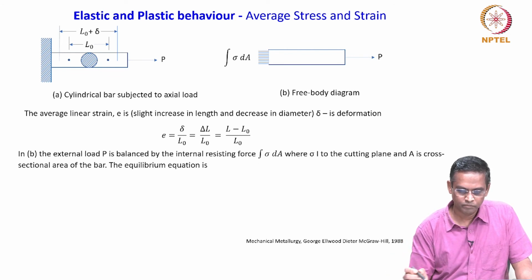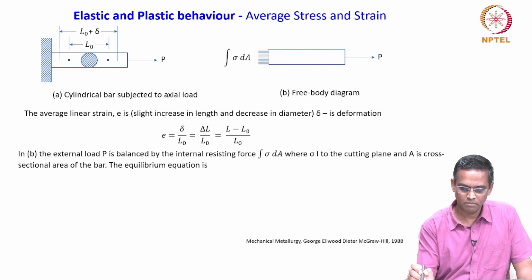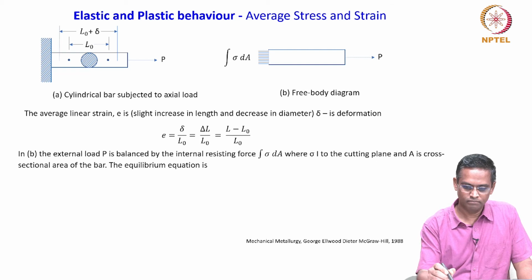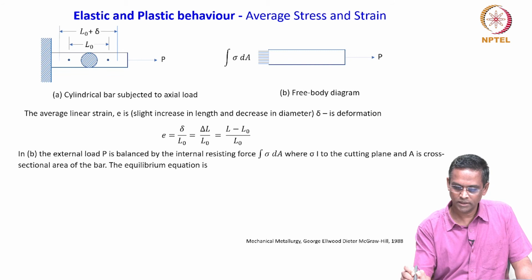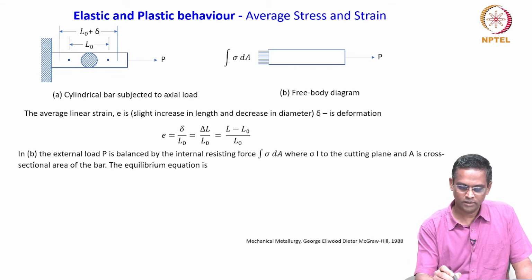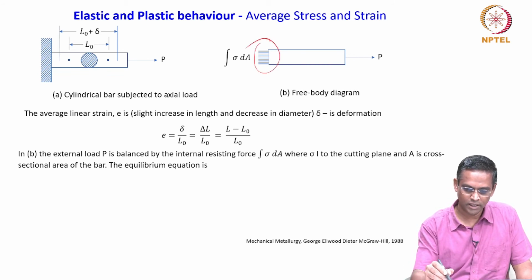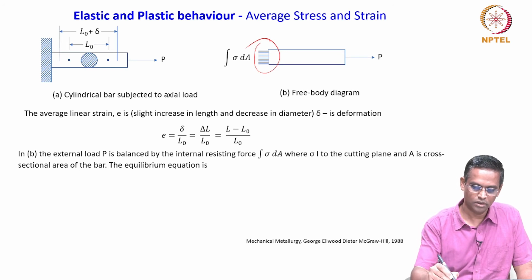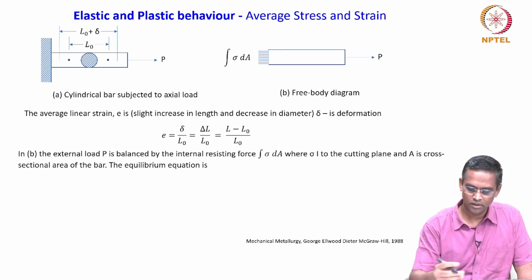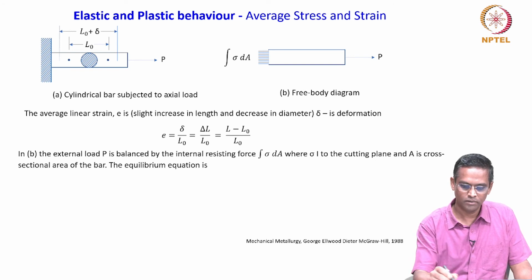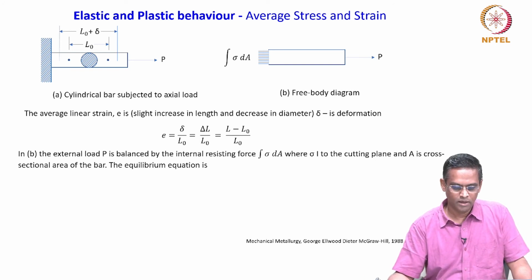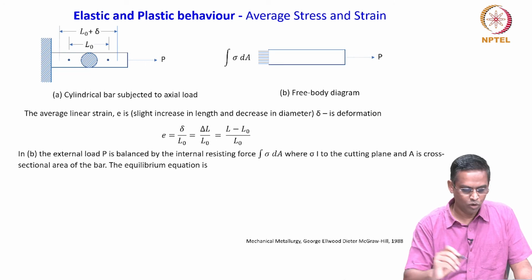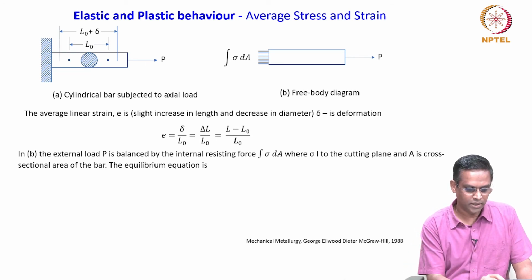And what is shown in diagram B is a free body diagram, where again the member is being pulled in this direction P, and against it the internal forces are shown by these small lines, and this is the external load P. That is what is written here.